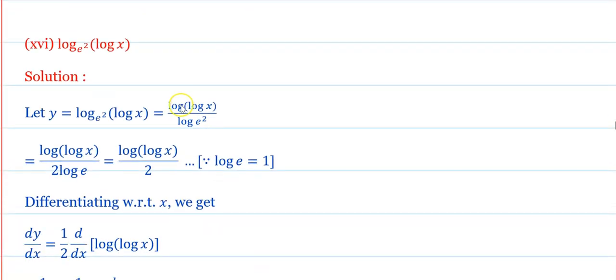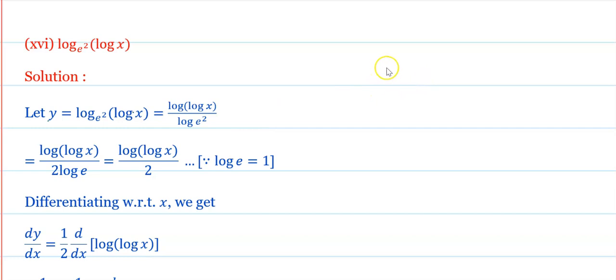Okay. Now for this problem, log of log x to the base e square. What is the function? How to read this? y is equal to log of log x to the base e square. Here the base is e square. Now we'll change the base. How to change?